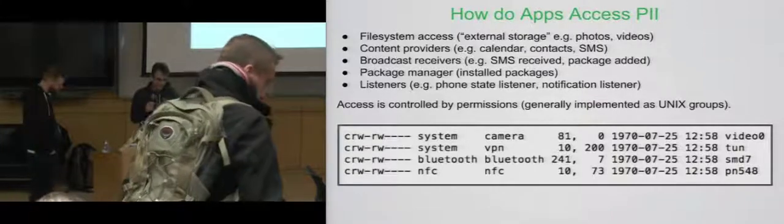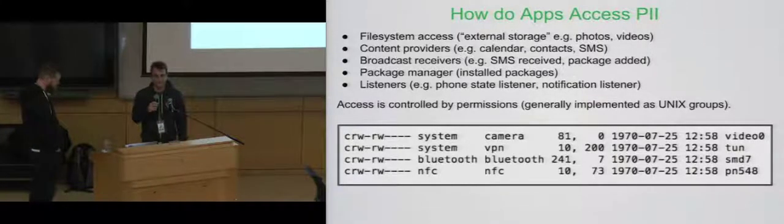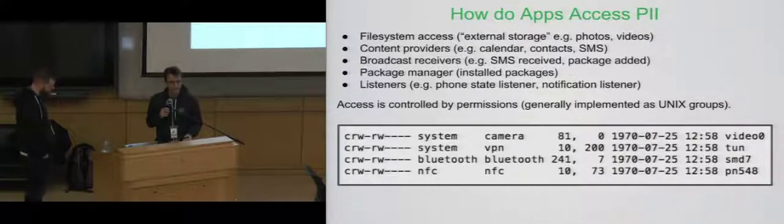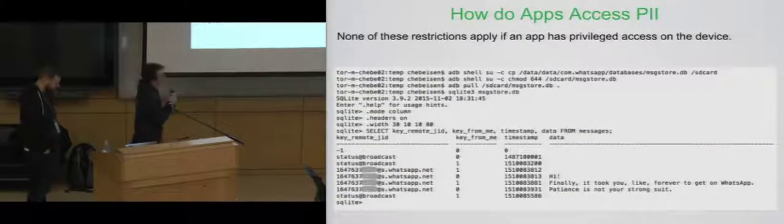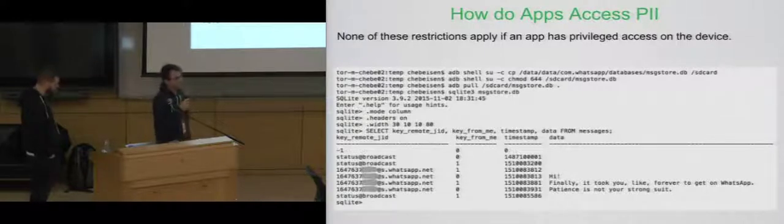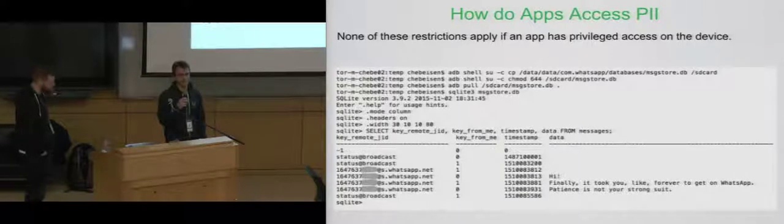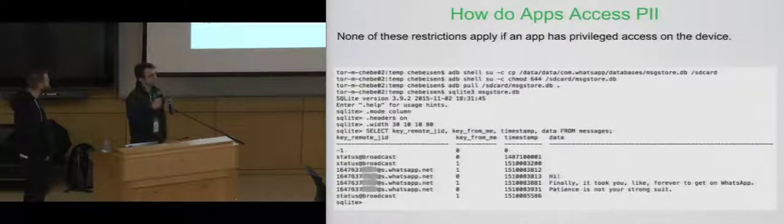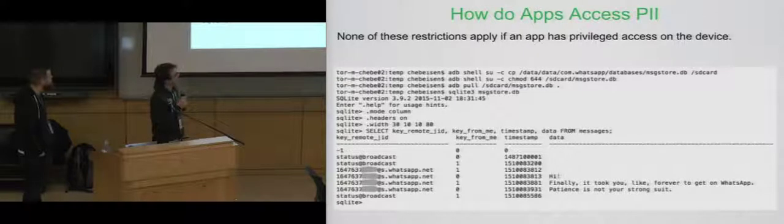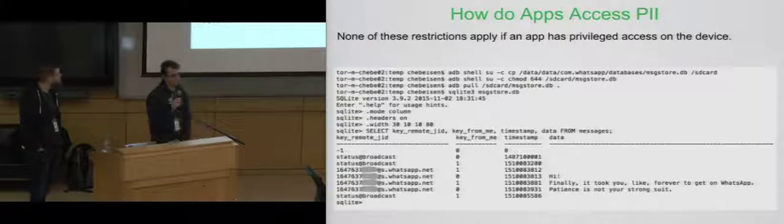So thus far, I've been talking about access as intended. What happens if the device actually gets compromised? As you might have expected, all of those nice restrictions go out the window. We can directly read all of the SQLite databases if a device is rooted. And just to show that point, I demonstrated how uncomplicated it would be to read, say, the WhatsApp database, and look at all of the messages in there.